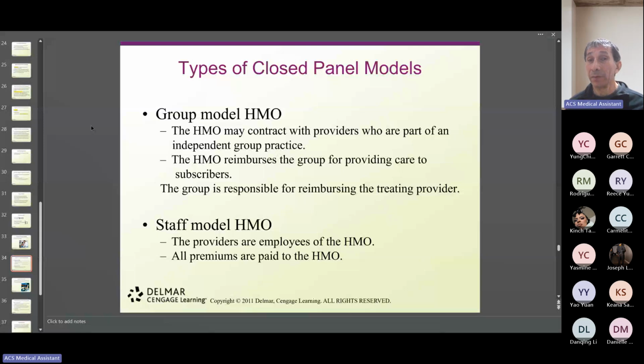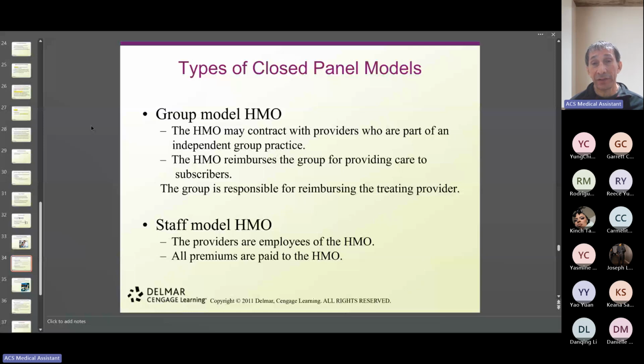Remember, we don't get paid directly for rendering the services. We get paid by the hospital or the organization, which is a group model because it's a large organization. So that's basically what it is. It's closed. Why?